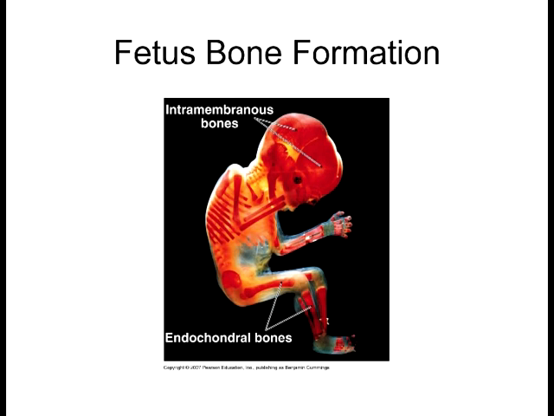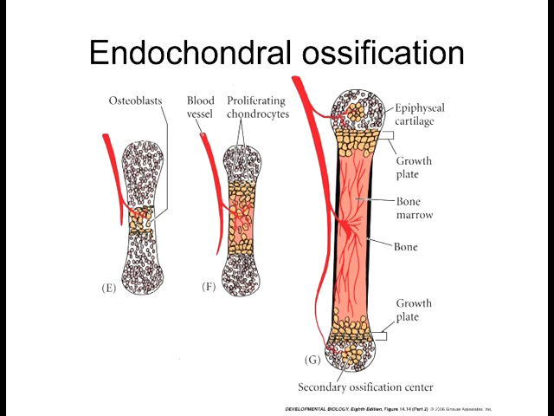In intramembranous ossification, the cells migrate into their particular region, and they'll calcify and start forming the membrane to form the flat bones, say, of the head right away. And so you don't form this cartilage model, and then the model becomes displaced and forms a bone structure. It just goes straight to bone in that regard.